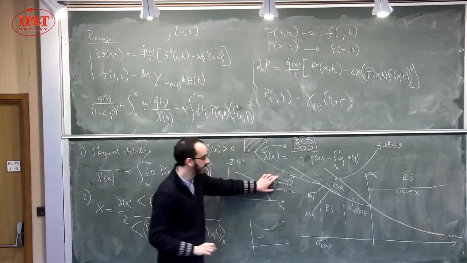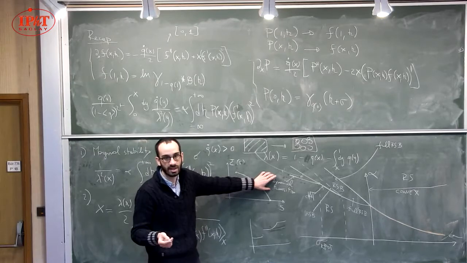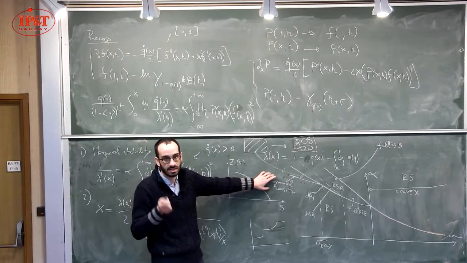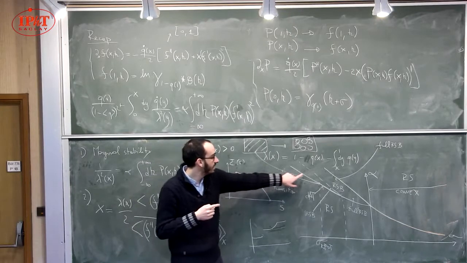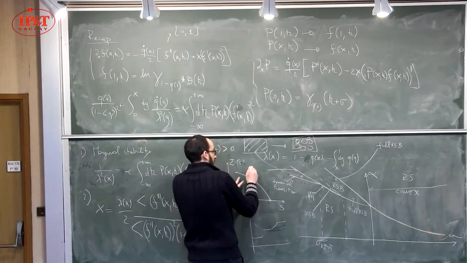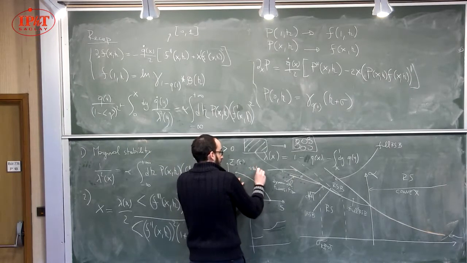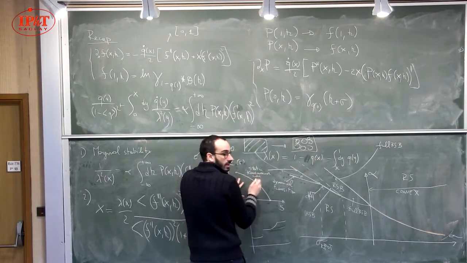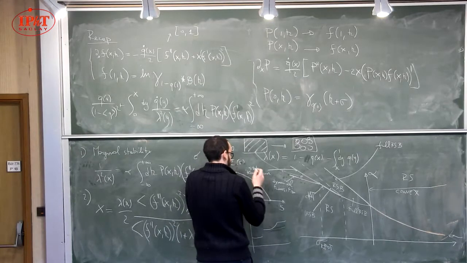And it's exactly the same that you have, for example, in glasses, or in the constraint satisfaction problem that I was discussing in the first lecture. And this line is a static transition line, or Kauzmann transition line, or condensation in the context of constraint satisfaction problems.